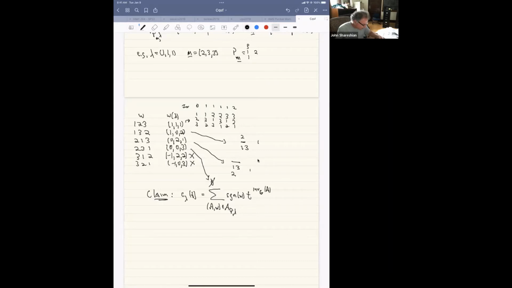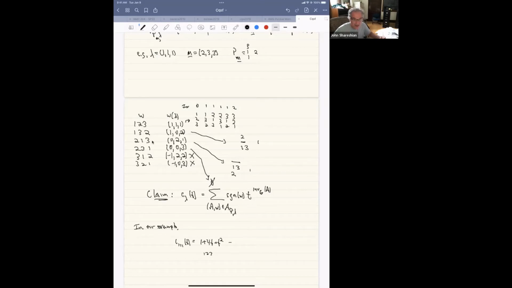Okay, so now, right, according to the claim, example, C11 of t, right, is, well, 1 plus 4t plus t squared. That comes from 1, 2, 3.